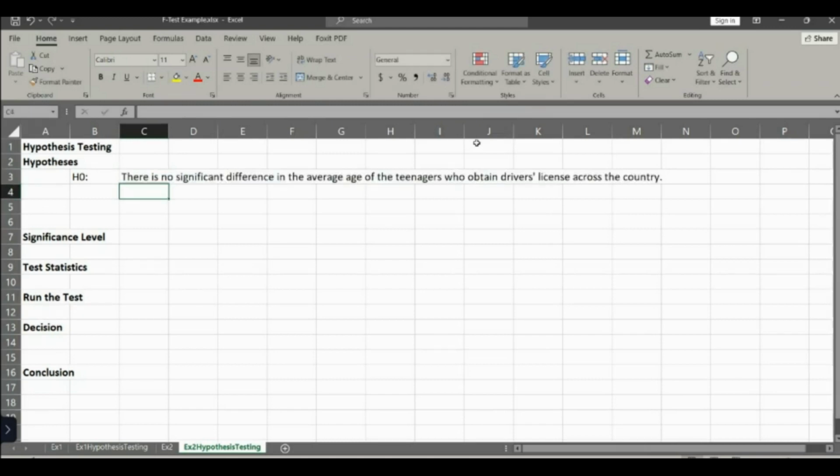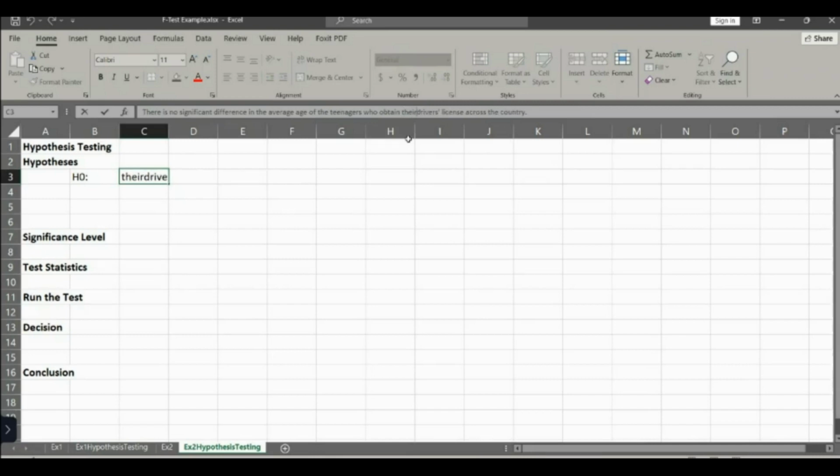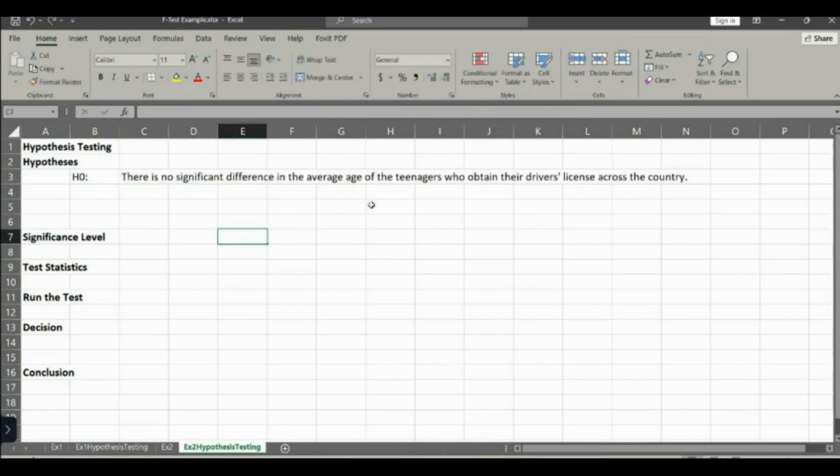Okay, so again, there's no significant difference in the average age of the teenagers who obtained their driver's license across the country or among the regions. It's also possible, among the 5 regions. Okay?